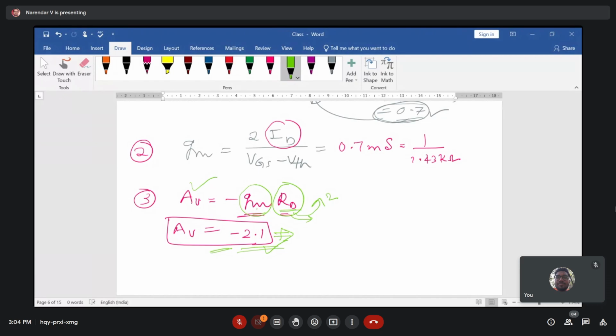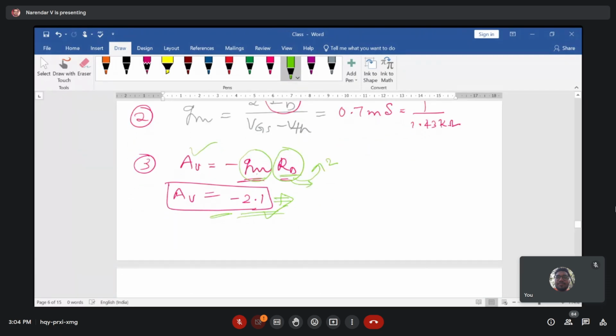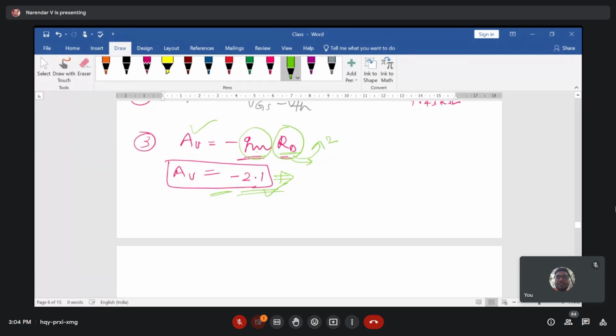Now if you do that, what is going to happen? If the battery is fixed, then VGS and the W by L ratio are fixed, and you can check the bias condition, whether the transistor is still in the same region of operation, and then substitute these values and get the current.